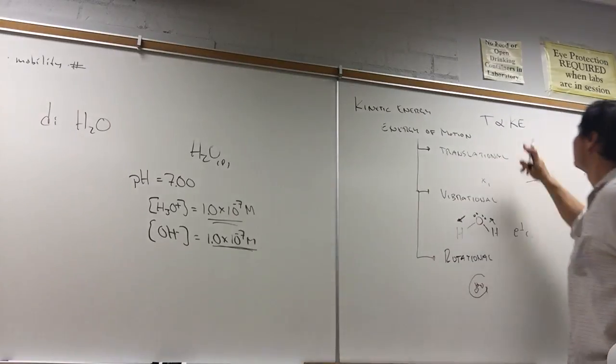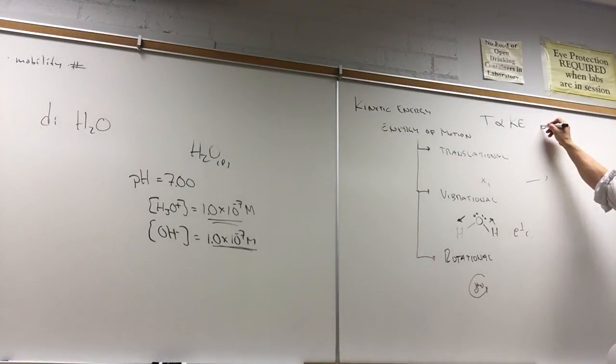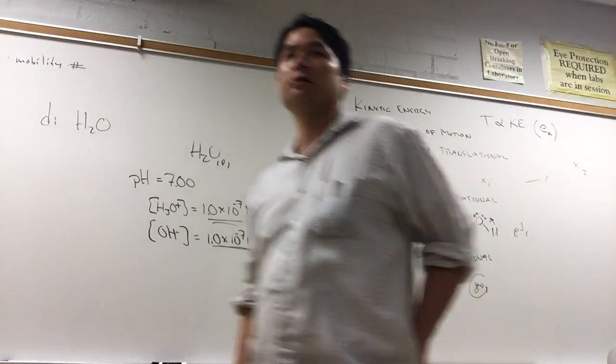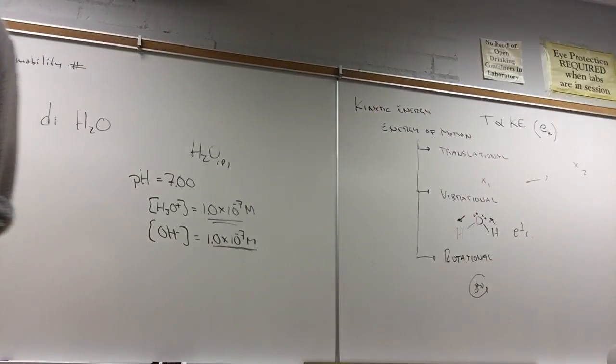Our book uses a symbol for kinetic energy, E sub K. This you'll see in chapter 6. Kinetic energy is the energy of motion. In physics, there's one other type of energy. Do you know what it is? Potential energy. Chemists are very interested in both kinetic energy and potential energy.